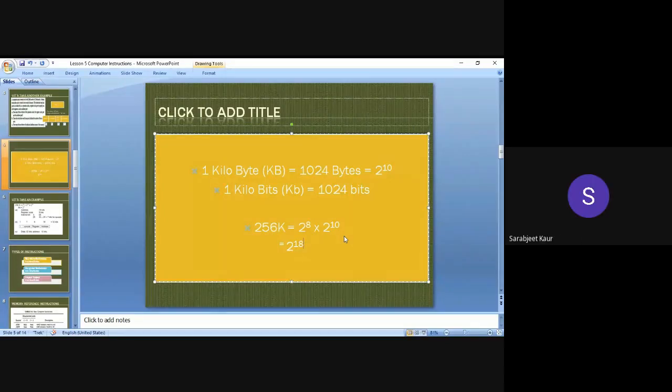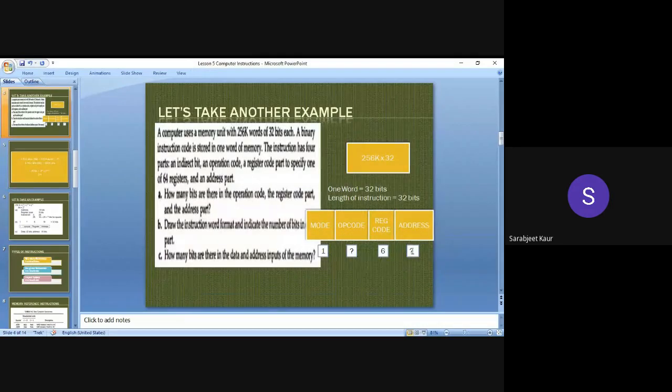So how many bits will be required for the address bits? 18 bits will be required for the address part. Is this clear? This is how we calculate. Anybody who is not clear with this? Any problem?